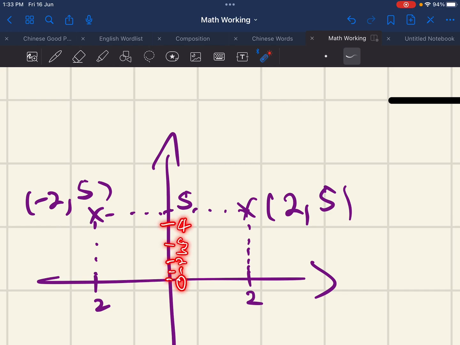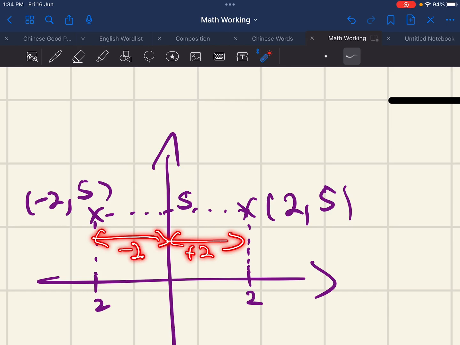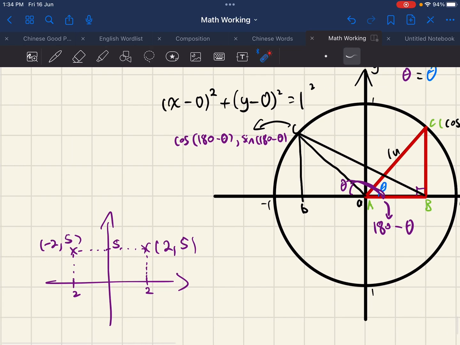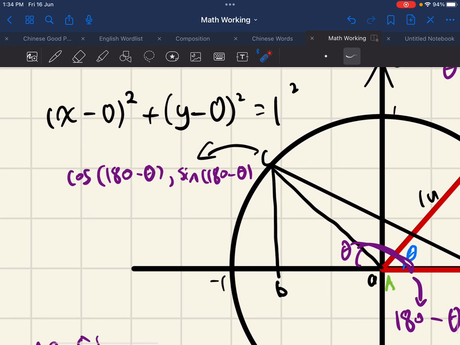This is the origin, which is 0. So it's how far it is away. So the distance doesn't change because it is at the same level in this case. So distance between the x-axis and this point doesn't change. The only thing that changes is the distance between the y-axis. This is positive 2. This is positive 2. This is negative 2. Can everybody understand this concept? Because it goes behind the x-axis, so it becomes negative. Yeah, you can take a moment to pause the video to understand this concept.